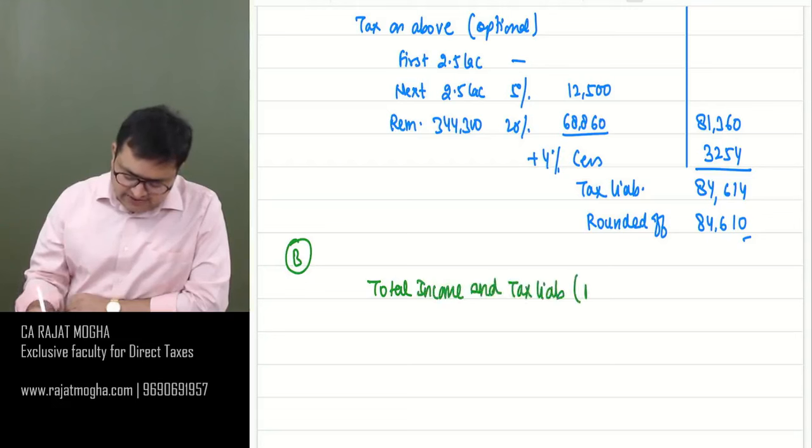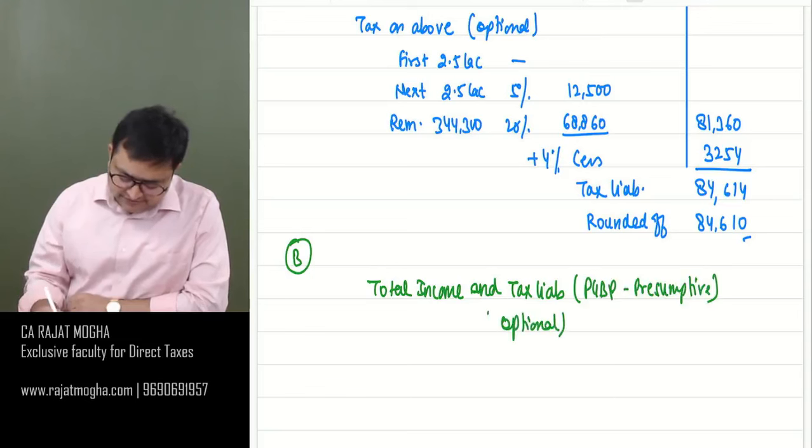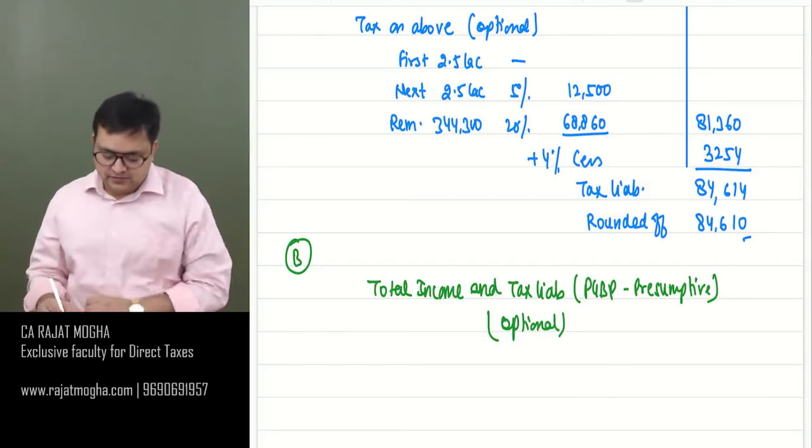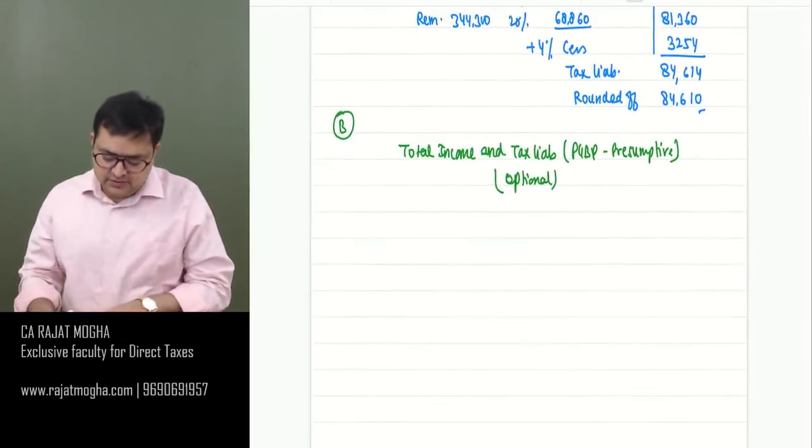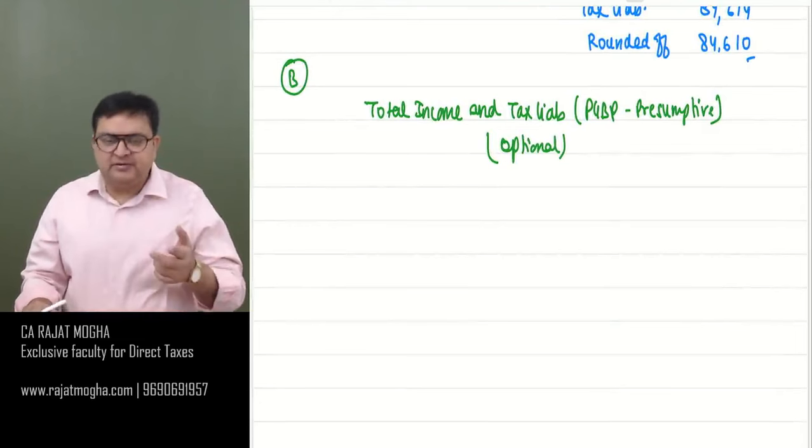But here our PGBP would be on presumptive basis. And this we need to calculate as per optional regime. They were saying optional regime. Correct? Okay. See, only PGBP would be in presumptive basis.